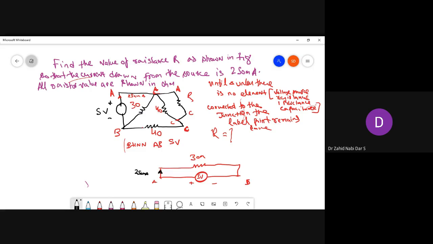Now this 40 ohm is connected to point B, and another 40 ohm is connected between BC.